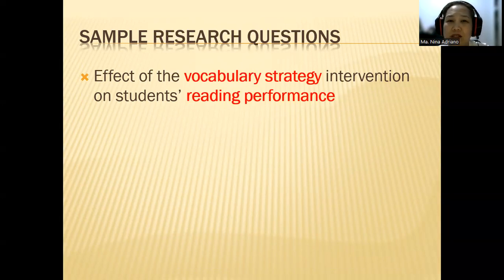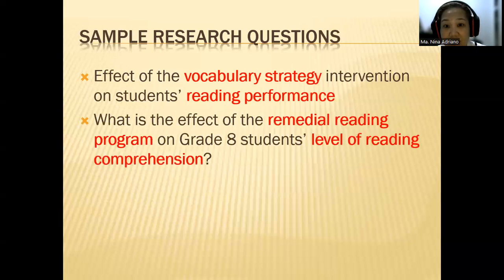Gather all studies that used reading performance as a variable, discuss it, and compare and contrast it with your current study. Now, what's the third heading? Of course, combine the two, vocabulary strategy and reading performance. And all studies where you see vocabulary strategy and reading performance, discuss that under that particular heading. So, ganon dapat makita ang RRL.